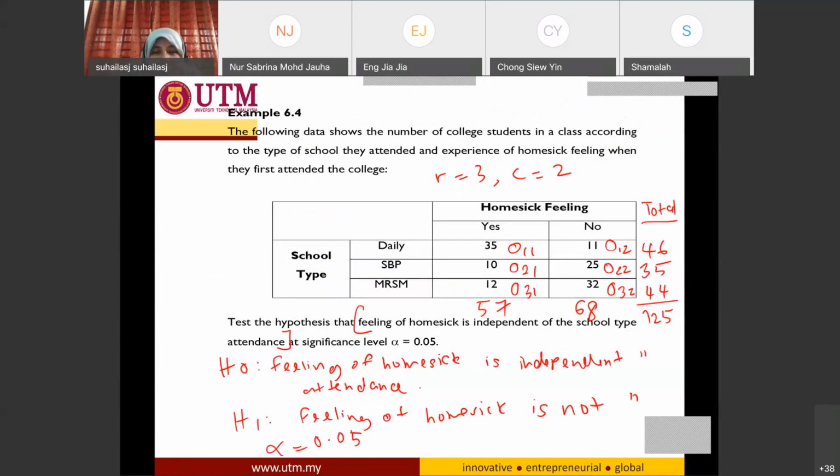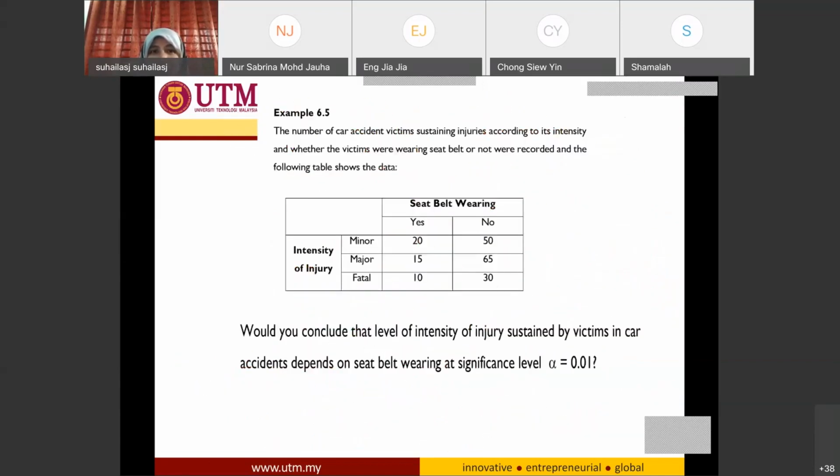For today, we continue with one more example of the independence test. Please refer to example 6.5. Again, you have a data set in a contingency table, with 3 rows and 2 columns, so it is a 3 times 2 contingency table.